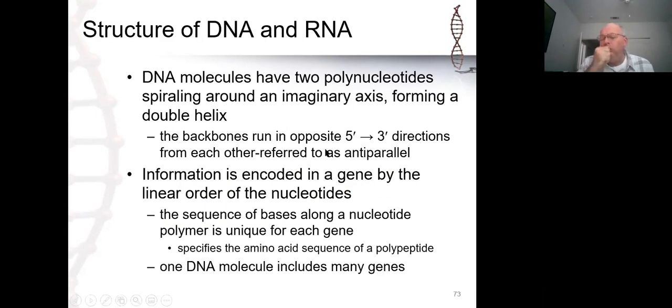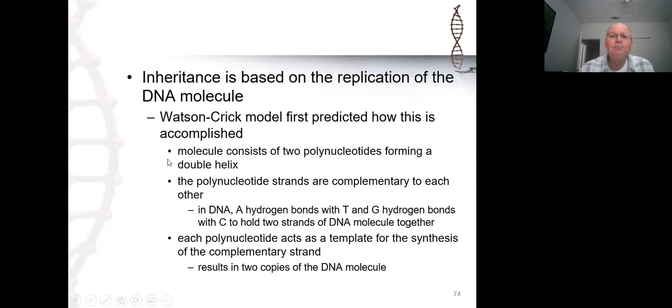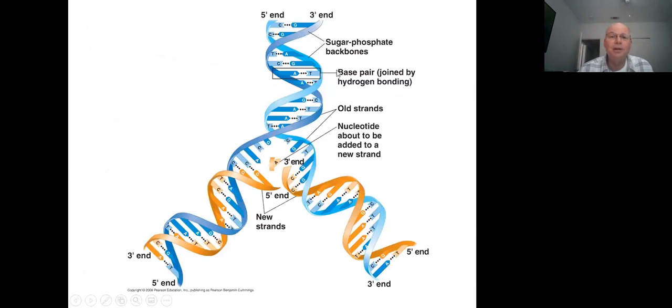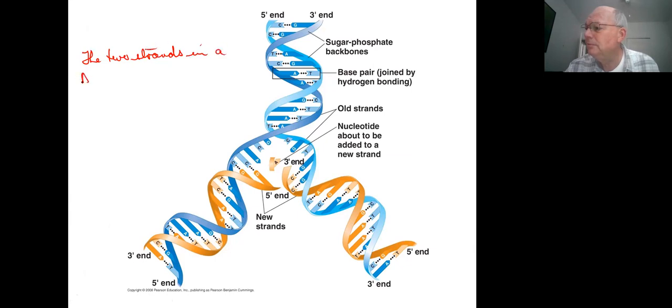So when we think in terms of DNA, as I said, it is double-stranded. So here is a diagram of the DNA molecule, and you can see the double-stranded nature. But what is also relevant here is that the 2 strands complement each other, is the way we say this.